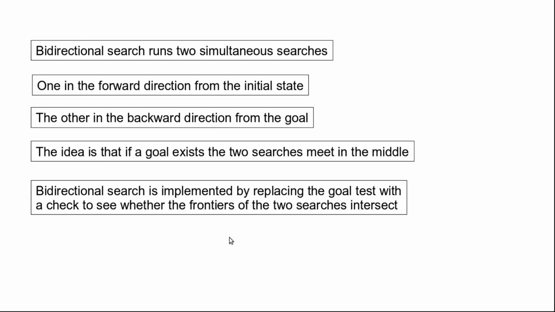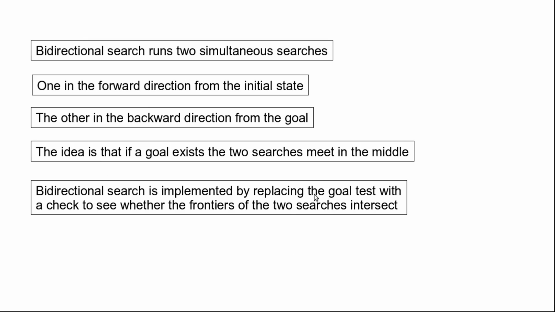Now, whenever we find a common element in the two fringe lists, that means the intersection of the two fringe lists is not a null set, then we can say that we have found a goal.